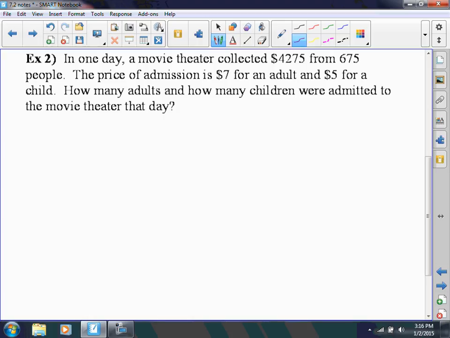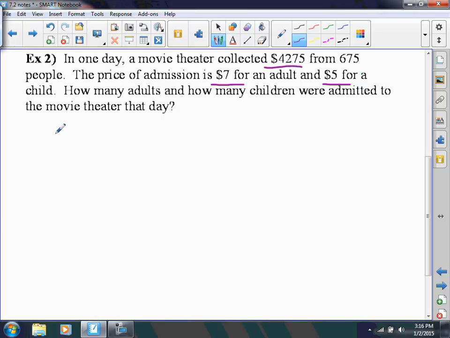Now I like to tell my students there's usually a money type equation, and then there's like a thing type of an equation. So we can see here that we've got money, the total amount of money, and then the price for the adults, and the price for the children. So those are the money pieces of information that we're going to put all together in one equation.